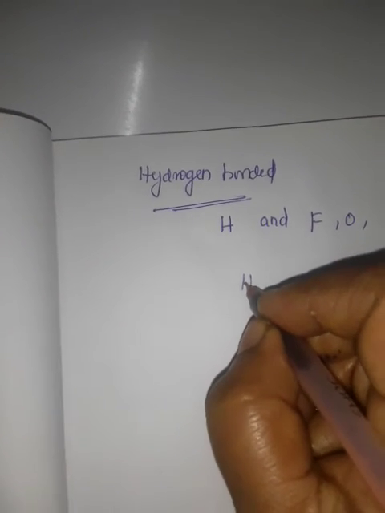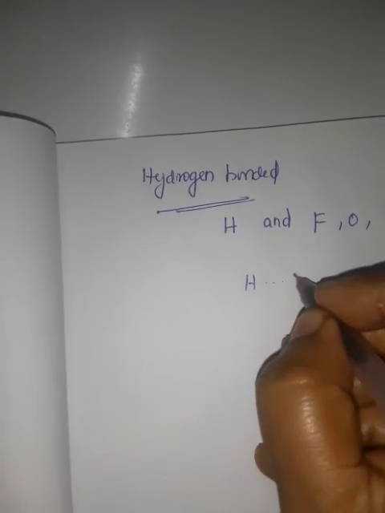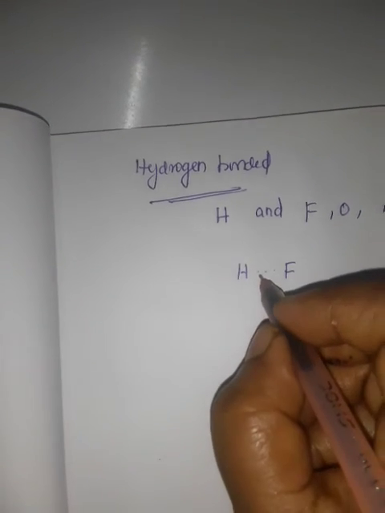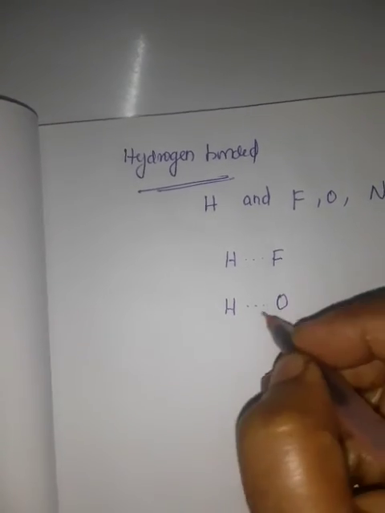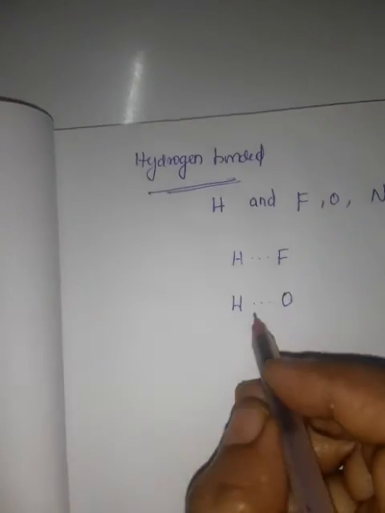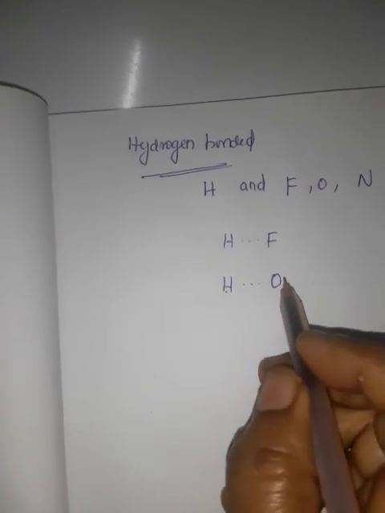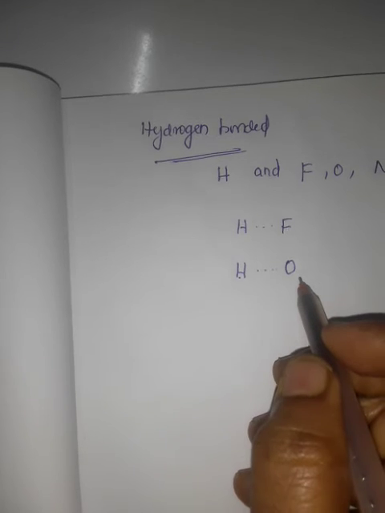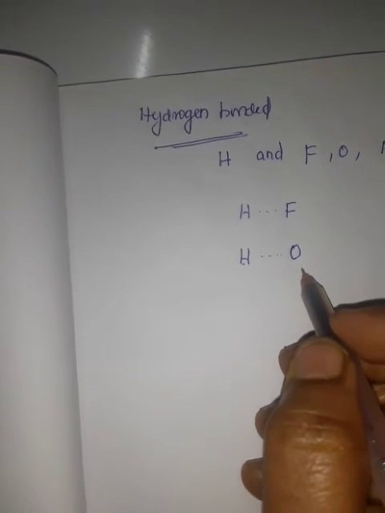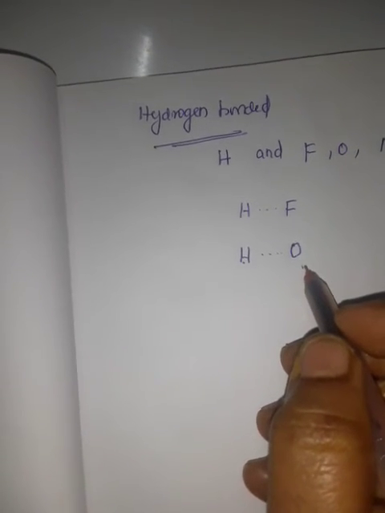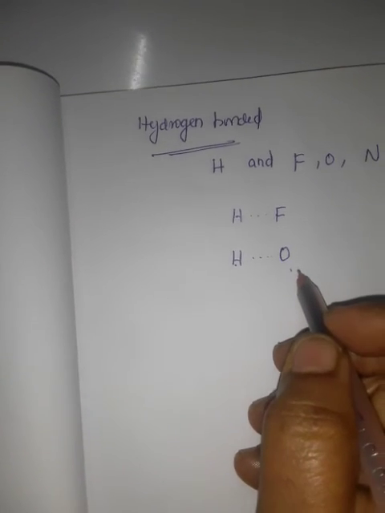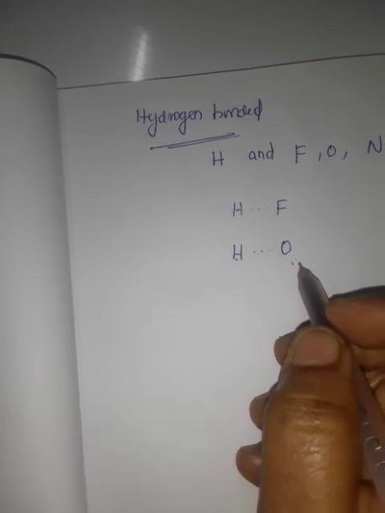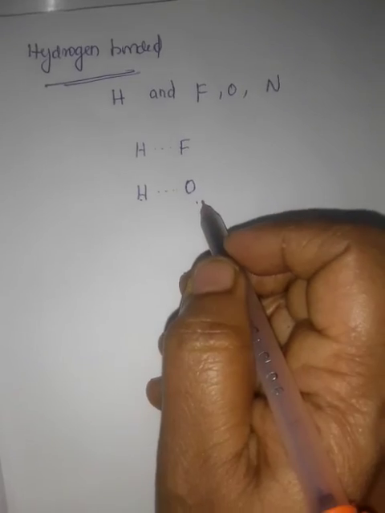That is between hydrogen and fluorine, HF. This is the hydrogen bond, or hydrogen oxygen, like this. Hydrogen and the most electronegative atom. They are soft solids or volatile liquids under room temperature and pressure. They are also non-conductors of electricity.